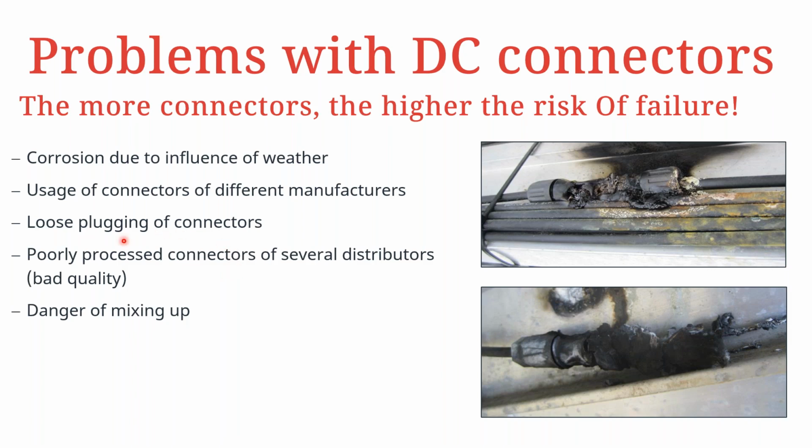It could be loose plugging of connectors, even when they are from the same manufacturer. If they are not properly connected, then you leave some space for arcing due to the loose connections. It could also be due to the poor quality of the connectors and the materials that have been used to manufacture them. And then the biggest risk is the danger of mixing up the connectors of different manufacturers.